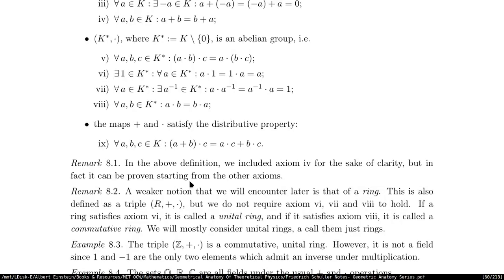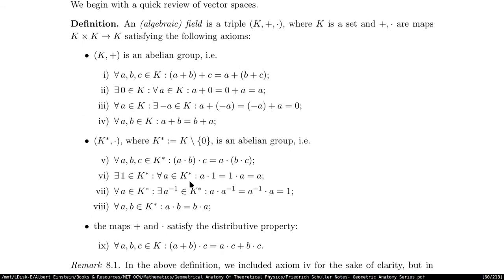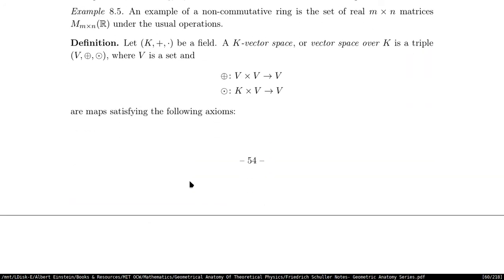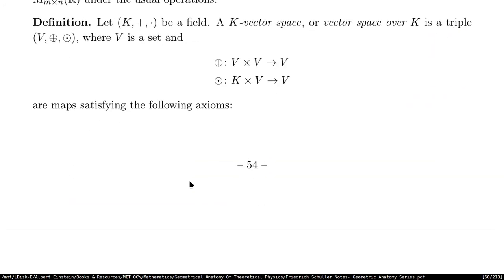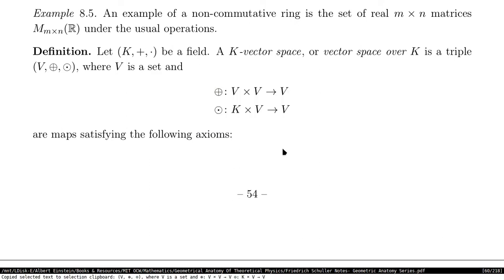Yep, so these are the axioms that you need to prove. Wait, this is for a field. Yeah, so this is for a vector space. If you have a field, a vector space has this scalar multiplication, it has addition, and they are defined like this.